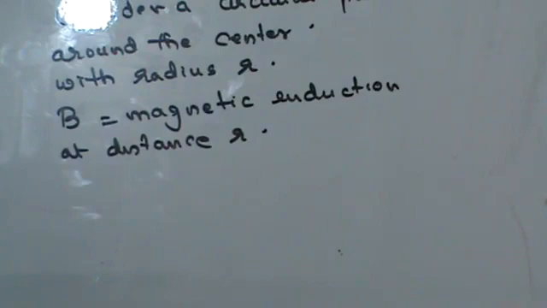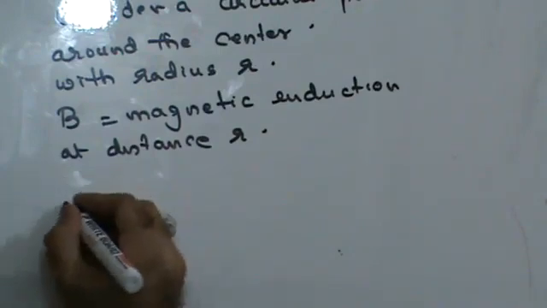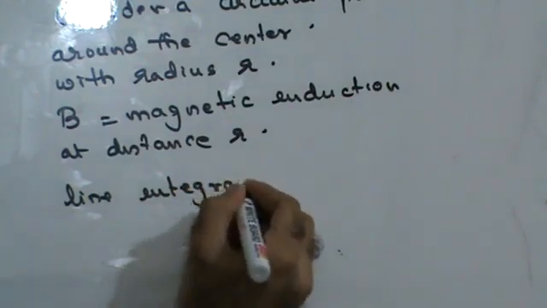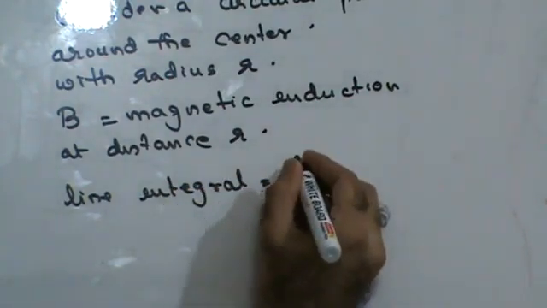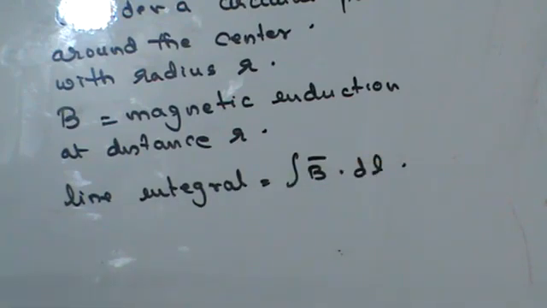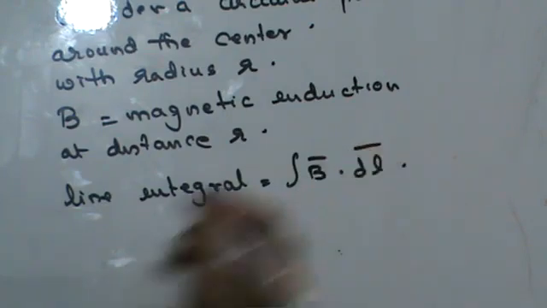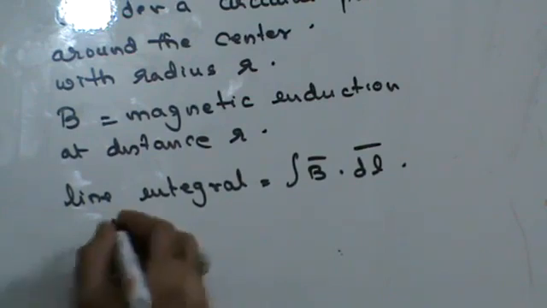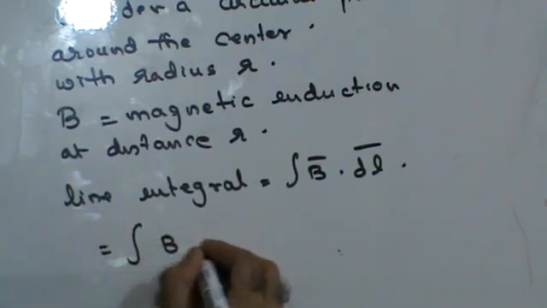In that case I can say that the line integral of a given point on that particular circle will be nothing but the integral of B vector dot dl vector, right. Once you have this, then this is going to be the integral of B dl cos theta.